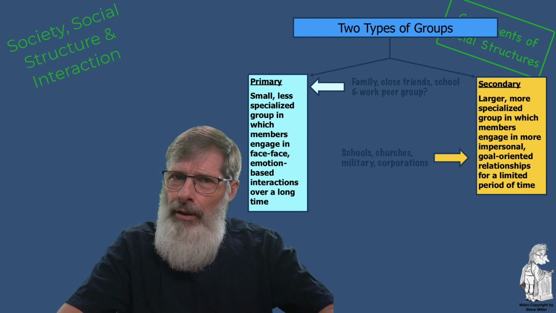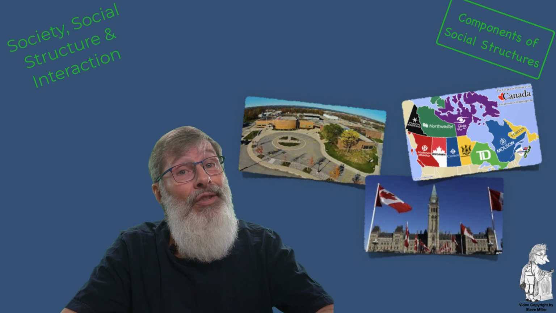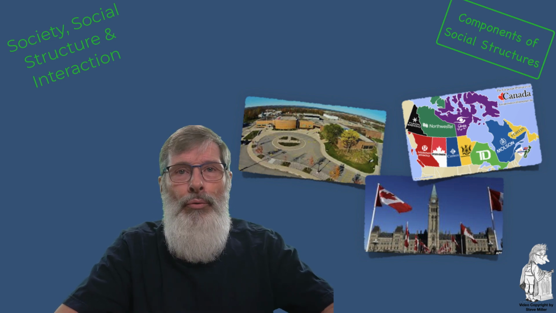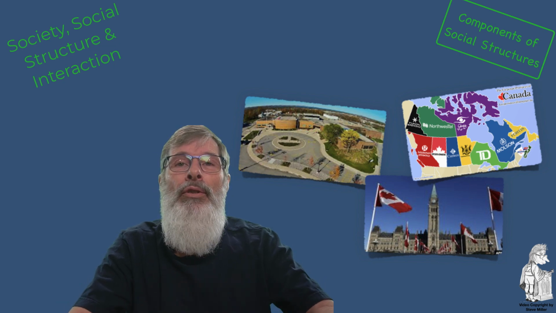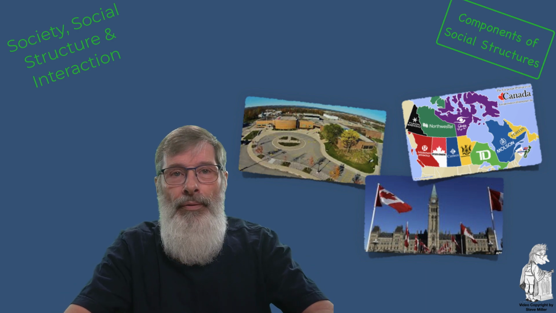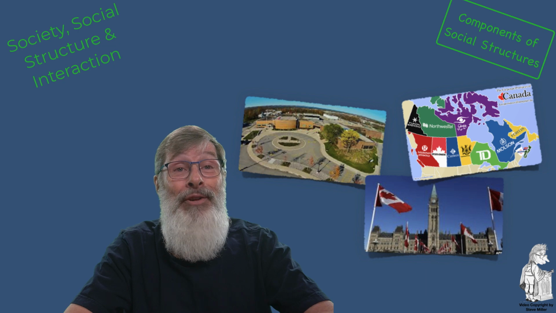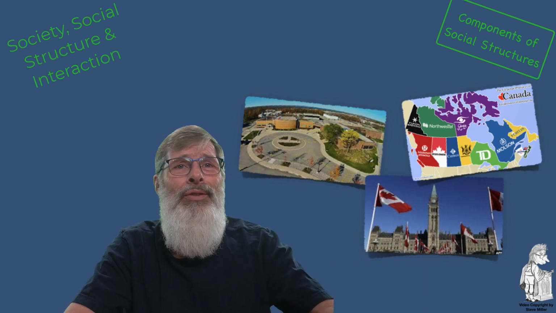Now, lastly, in groups, we can also look at formal organizations. Formal organizations are highly structured groups formed for the purpose of completing certain tasks and achieving specific goals. Many of us are going to spend most of our time in a formal organization, such as universities and colleges, corporations, and governments.